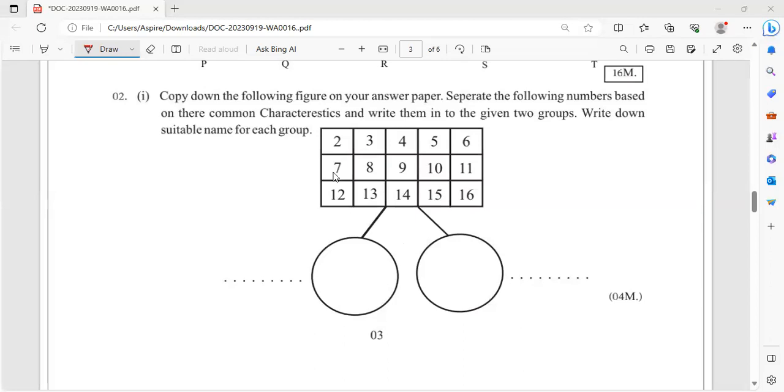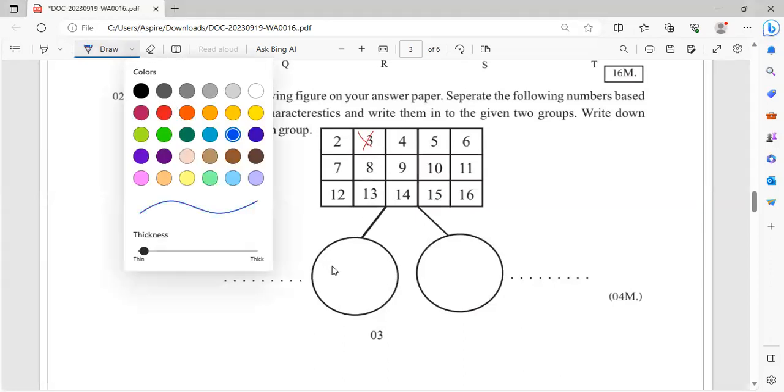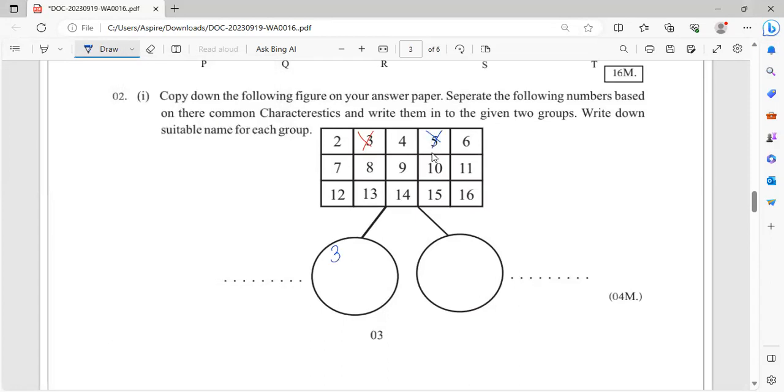What are the odd numbers then? 3, 5, 7, 9, 11, 13, 15. Okay. Then you have to write its name also. This group is odd numbers.